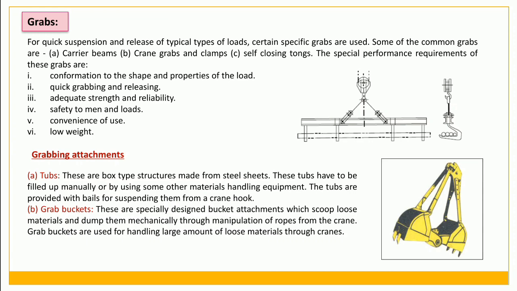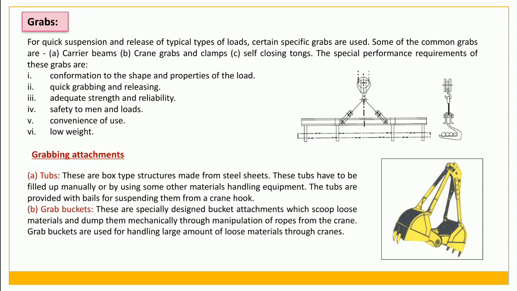Now there are different types of grabs you can see in the practical field. Number one, the carrier beams, which are employed for lifting long and heavy loads. On the right-hand side, you can see a carrier beam with adjustable shackle for a foundry crane. Then there are crane grabs and clamps.